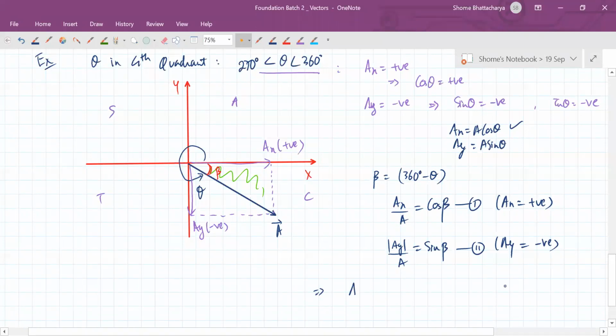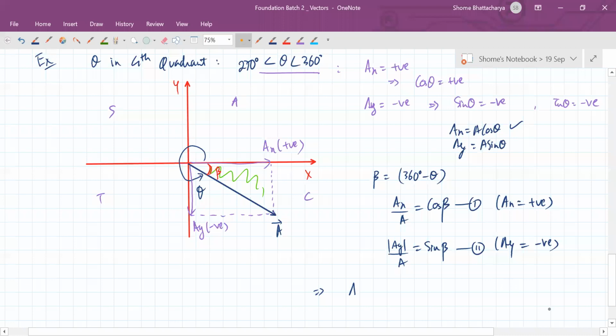So you can see that cos theta equals cos beta, whereas you compare your second equation with this one, minus of a sine beta is a negative quantity, and that is equal to a sine theta.